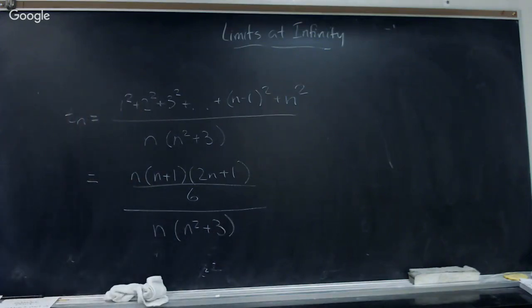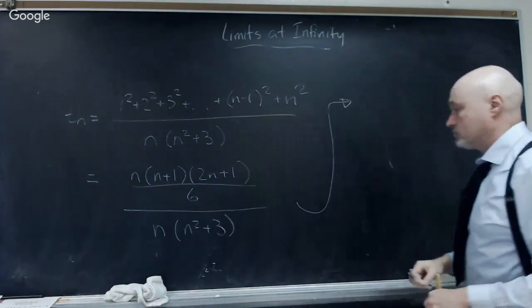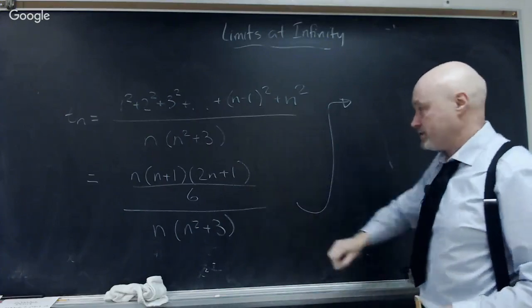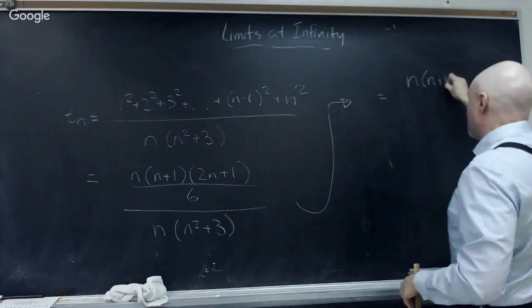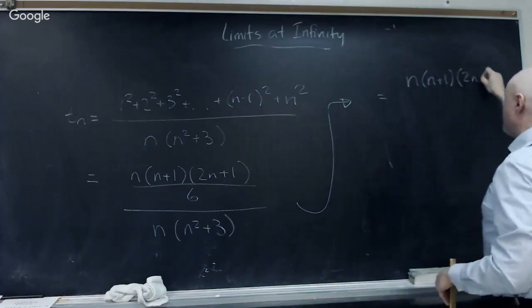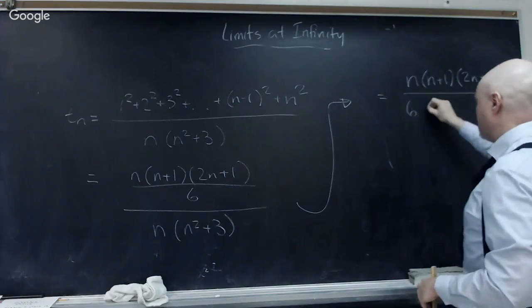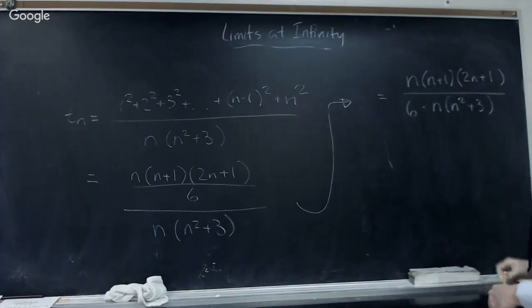Okay. Put the 6 on the bottom. We can re-express this as n times n plus 1, 2n plus 1 over 6 times n squared plus 3. All right.